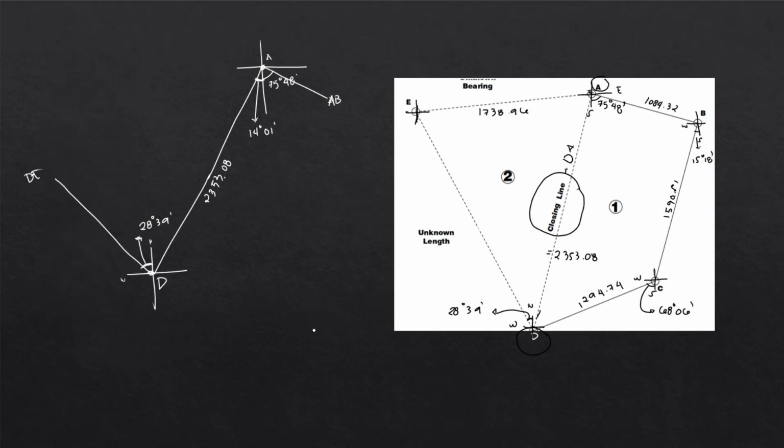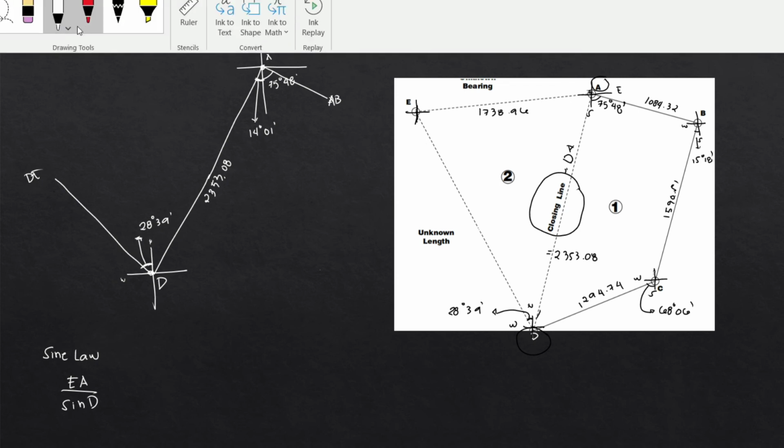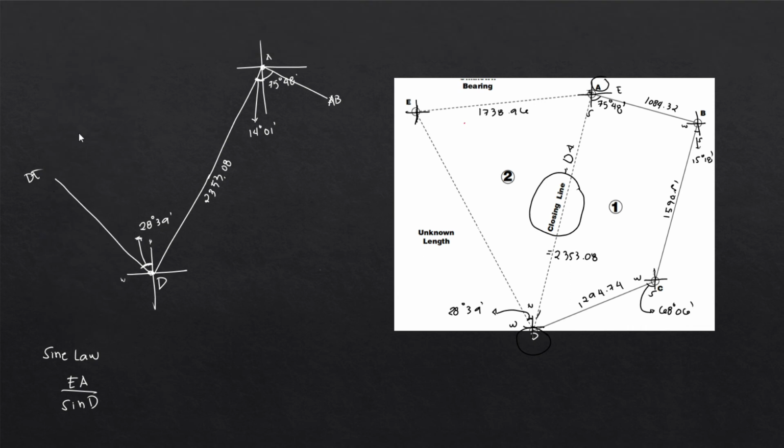Okay. So, di ba meron tayong sine law, based sa image natin, sa figure na given, meron tayong side ng EA over sine D. Ito yung EA natin, itong length na to.